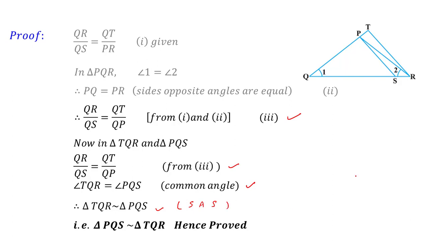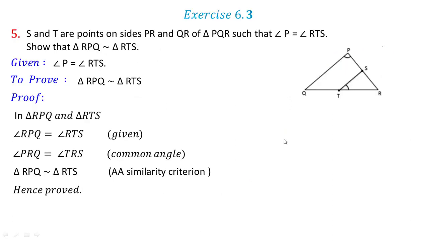So this question was a little tricky one. If at first you are unable to identify that you have to use that angle 1 and 2 are equal, then please mark this question so that next time also you solve this problem.